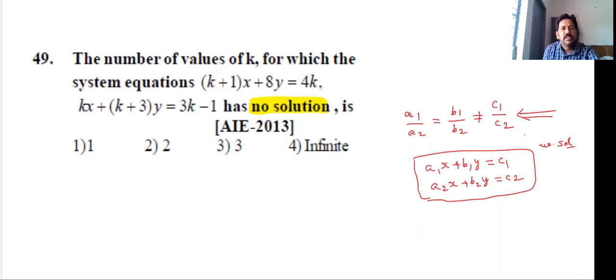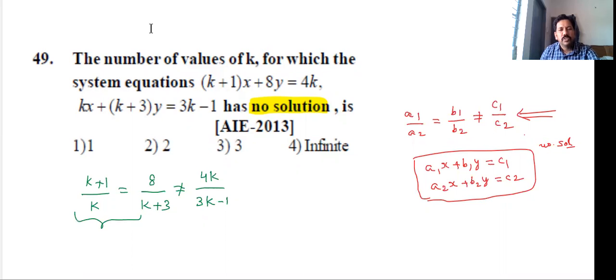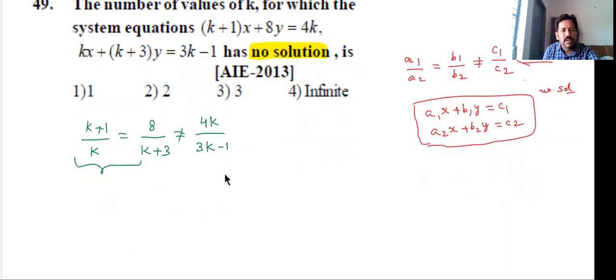And observe here, what is A1? K plus 1. What is A2? K. That is equal to B1, 8, by B2, k plus 3, is not equal to 4k divided by 3k minus 1. First observe these two, because these two terms are equal.